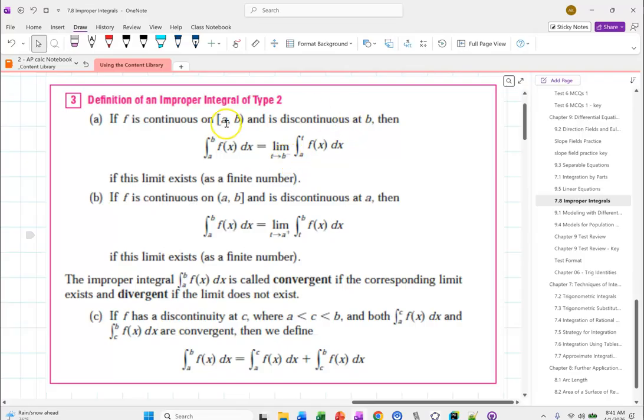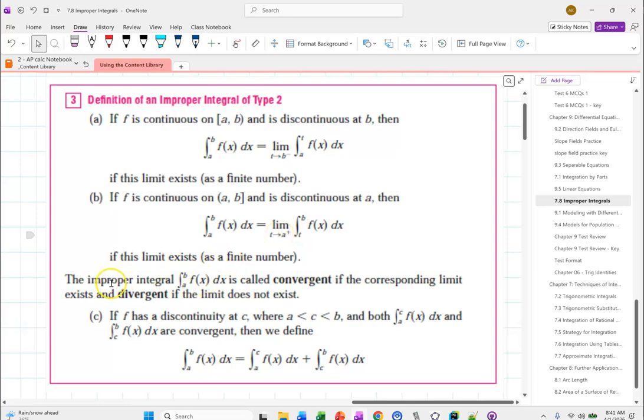And I know it's from the left because b is the end of my interval, right? If b was the start, it would be b plus. Everybody's okay? And it doesn't matter which end the asymptote's at. If it's at the lower bound, we do the same thing, but we use a plus.